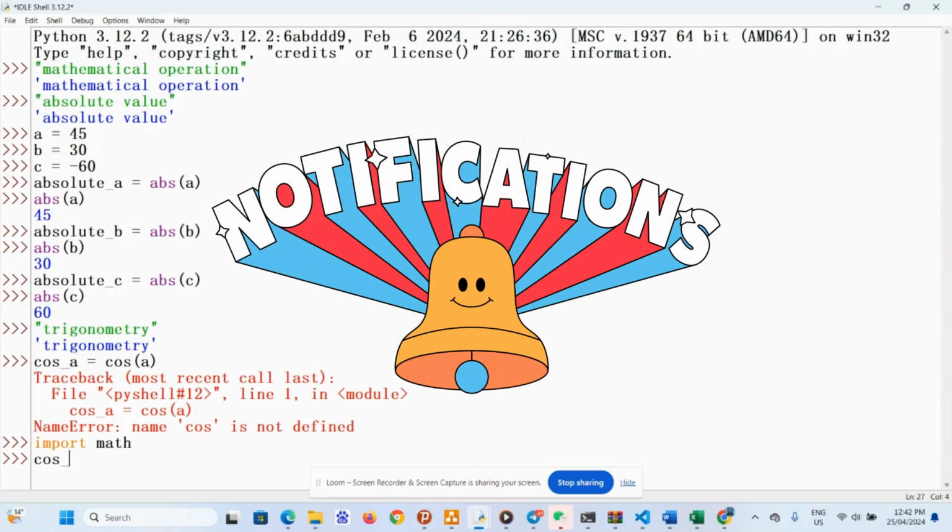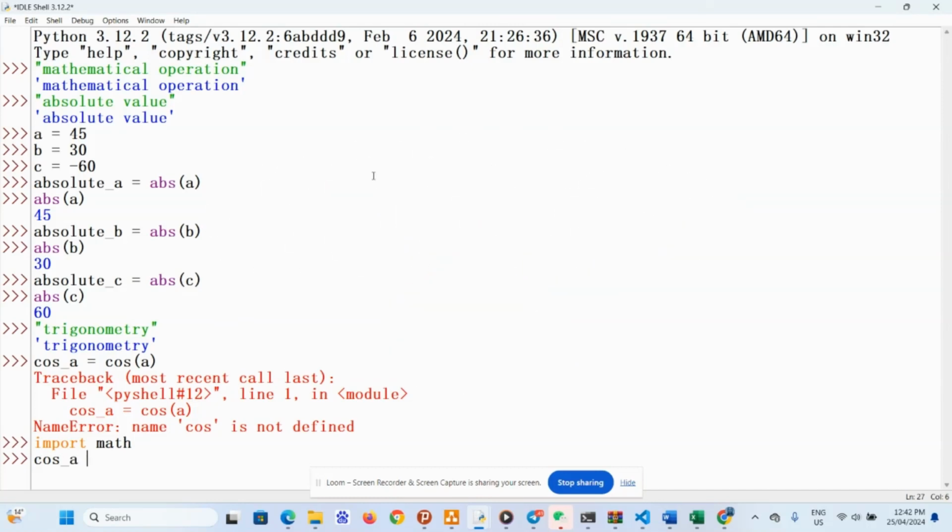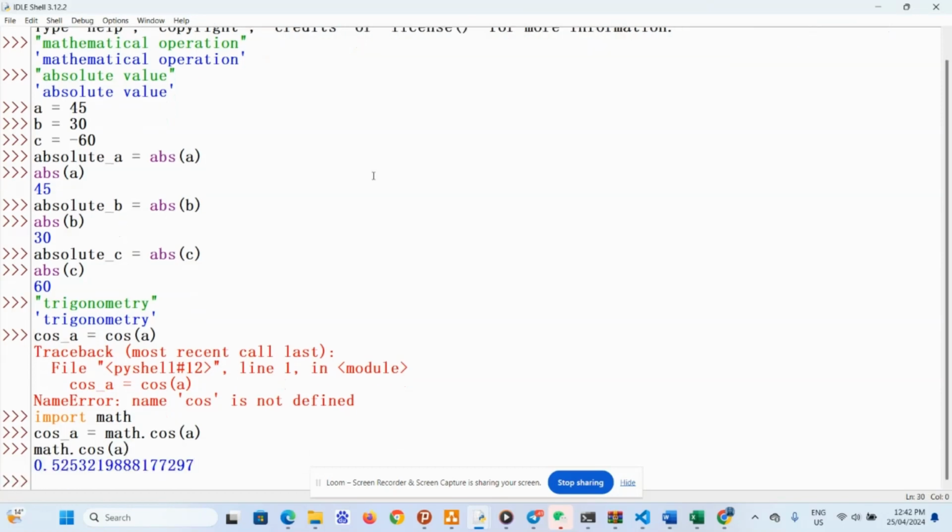Let's start again. Cos of A is equal to. So we have to call the math module to give us our cos of A. Math will calculate it; you tell it, okay, math, we are looking for cos of A, give us the answer without using the calculator.